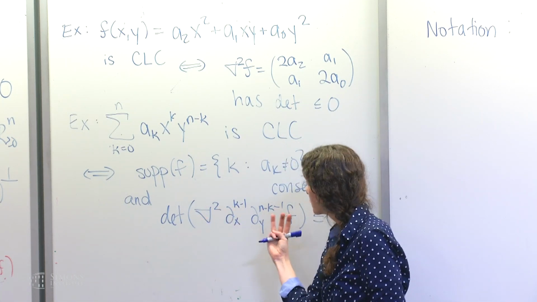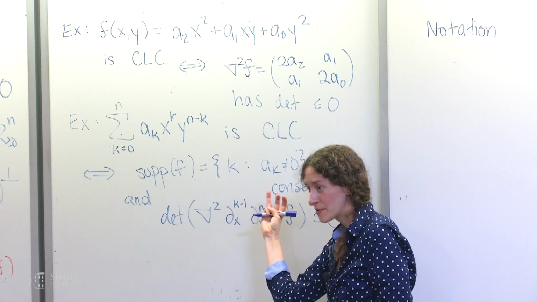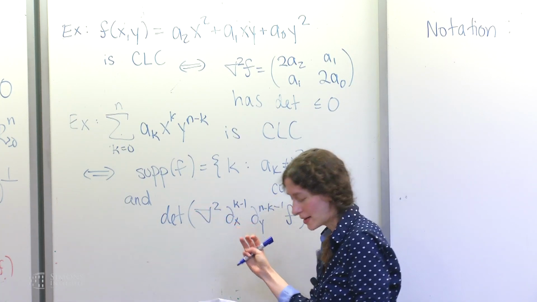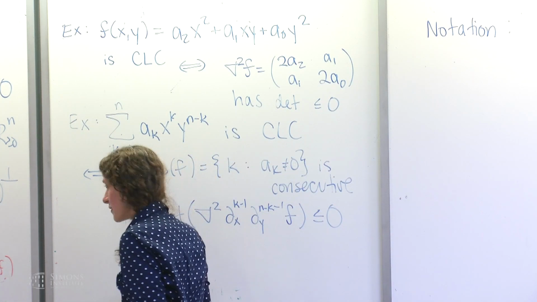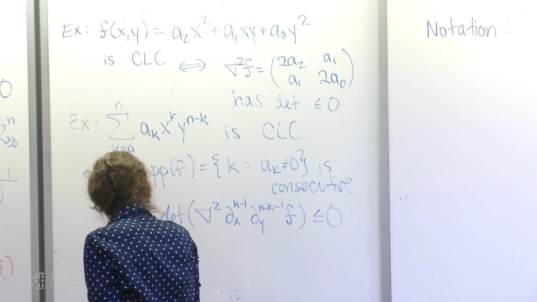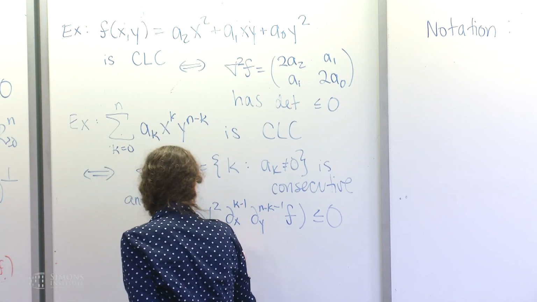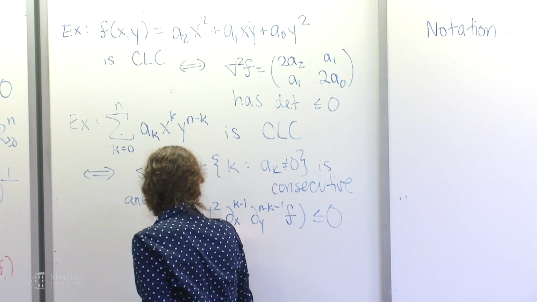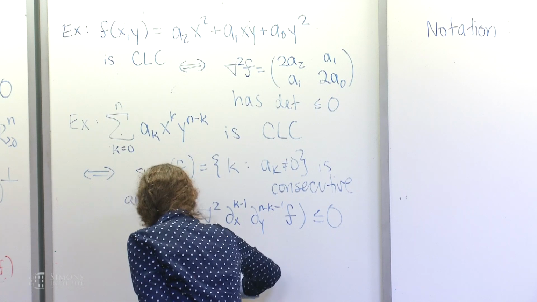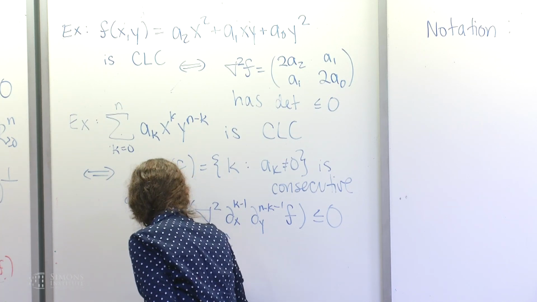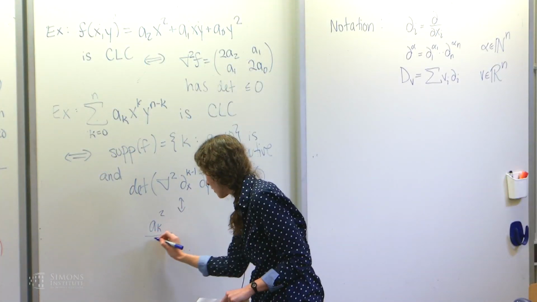So every sort of triple of consecutive coefficients, I'm going to get some inequality. And as we saw, these inequalities are really nice, which translates to exactly these inequalities that the coefficients are ultra log concave.